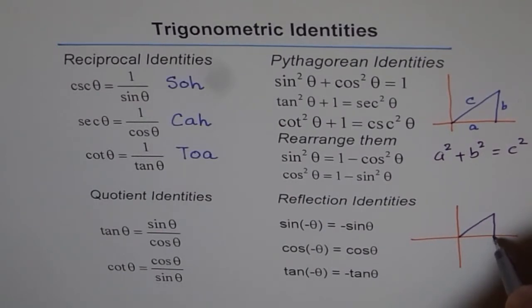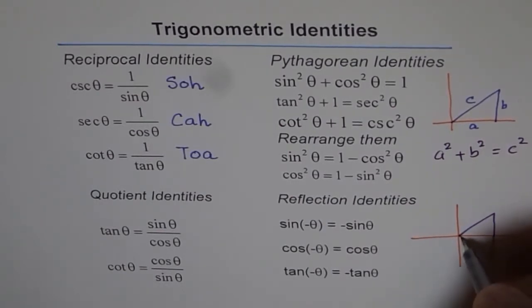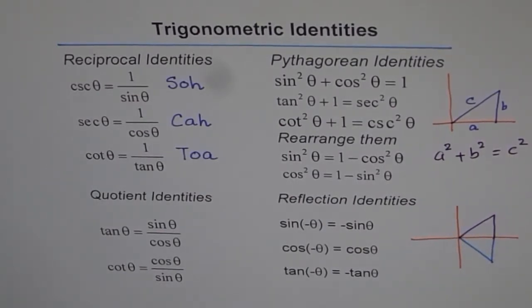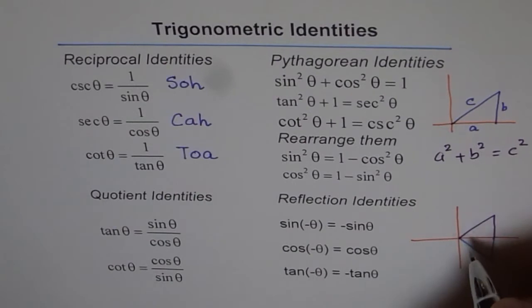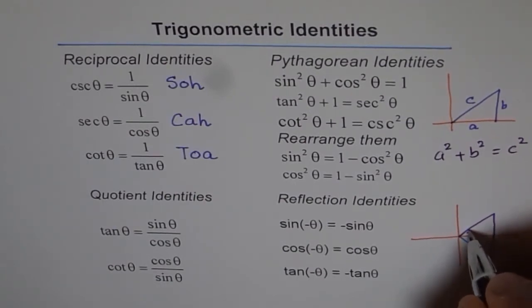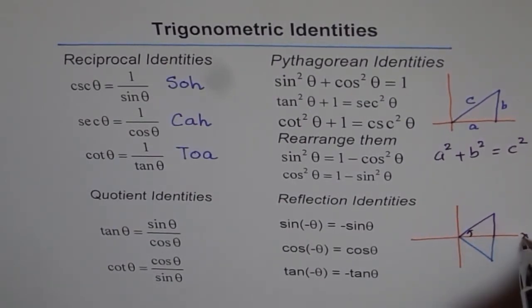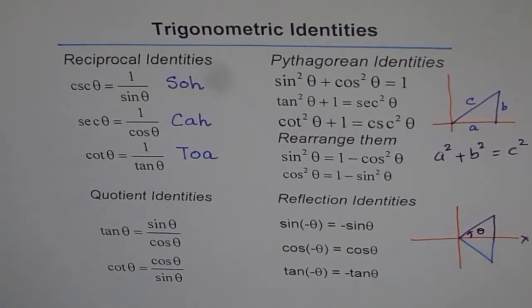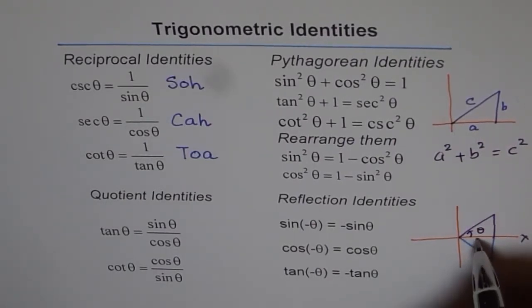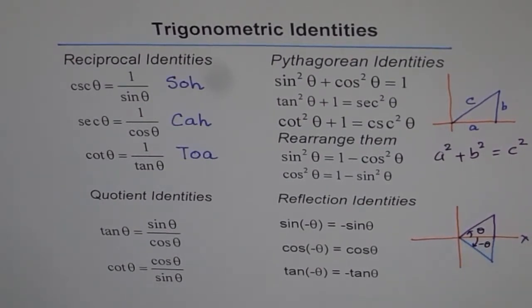Now, reflection identities you will understand in a minute. So what I will do here is show you. Normally theta is taken as an angle from the x-axis going counterclockwise. That is your theta, right? But in case you go clockwise, right, then it becomes minus theta. That is minus theta, going clockwise, right?